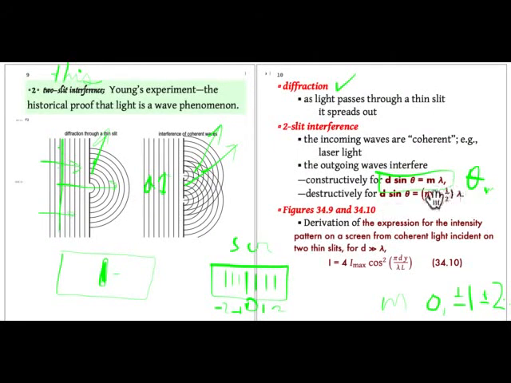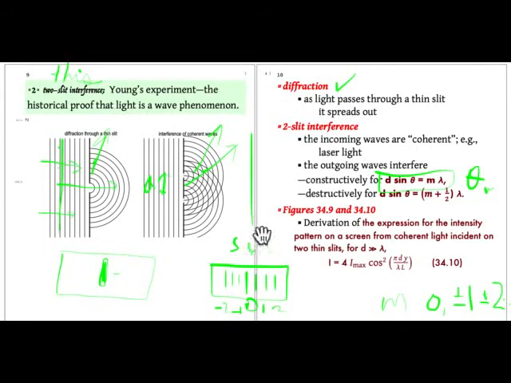And in between m lambda and m plus 1 lambda, at m plus a half lambda, that will be destructive interference. So you'll have an alternating set of bright regions and dark regions. In fact, if you read a little further in the chapter, there's a formula for the intensity as a function of the position y on the screen.